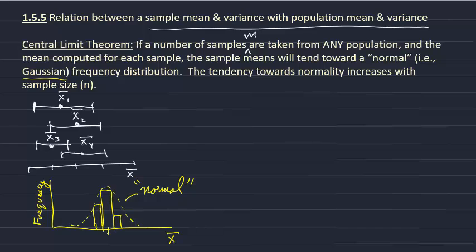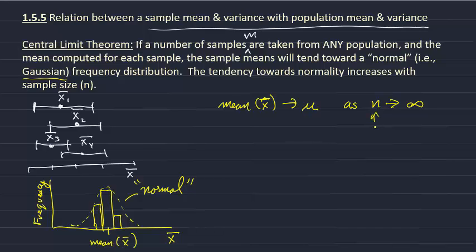So the mean of x bar, not x tilde, tends towards mu, the population mean, as n tends towards infinity.